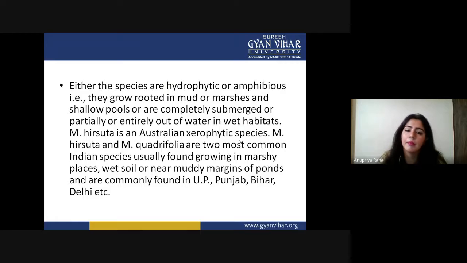Marsilea hirsuta and Marsilea quadrifolia are the two most common Indian species. So if we are talking about the common Marsilea species, they are quadrifolia and hirsuta, and hirsuta is also the one which is a xerophyte. Next, the species is usually found growing in marshy places.